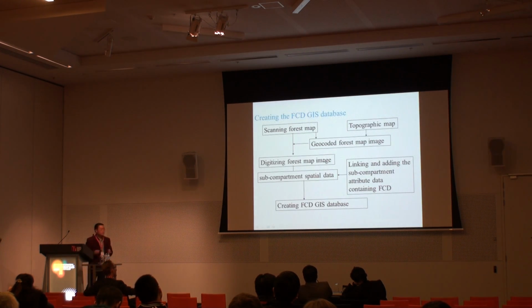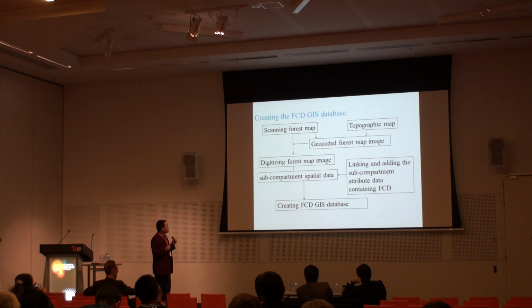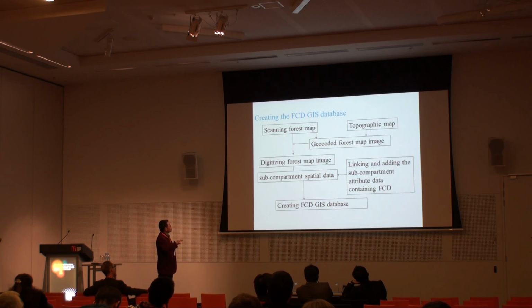And we use the forest inventory data to create a forest canopy density GIS database. This is the method to create the GIS database. First, scan the forest map and the topographic map and geocoordinate the forest map image.